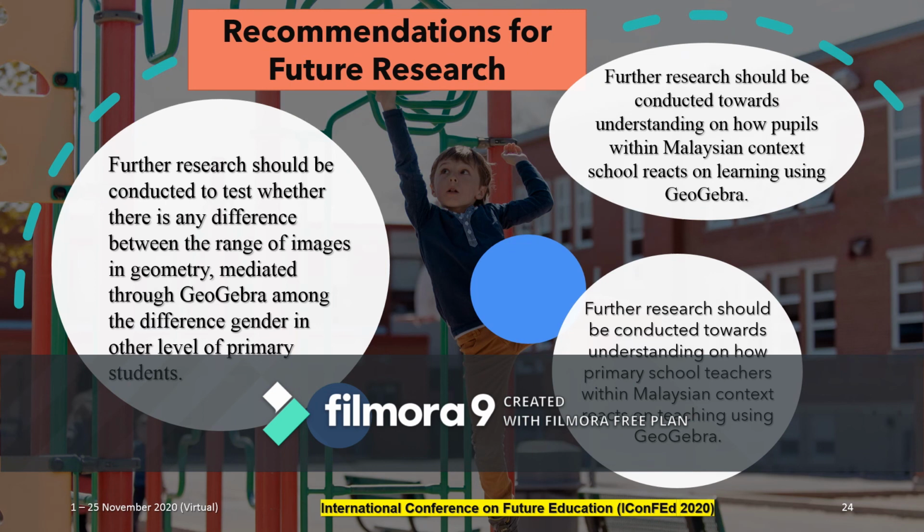Recommendation for future research. Further research should be conducted to test whether there is any difference between the range of images in geometry mediated through GeoGebra among the different gender in other levels of primary students.